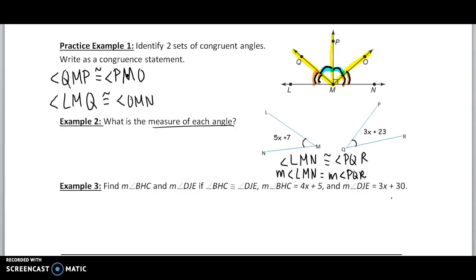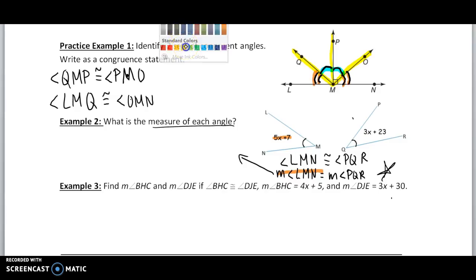Okay? So if those measures are equal, then I can go and substitute values in. But I first have to know that the measures are equal before I can substitute numbers in. Right? So I see measure of angle LMN is this 5x plus 7. Okay?